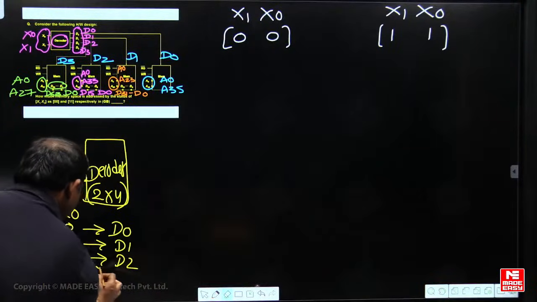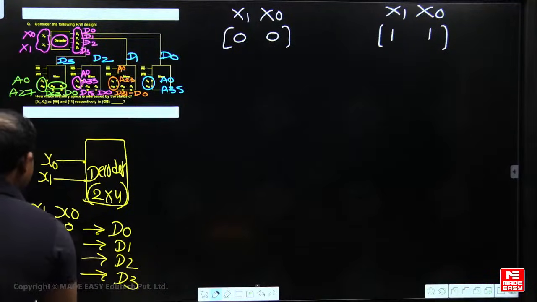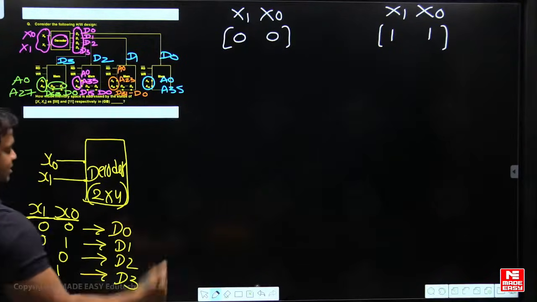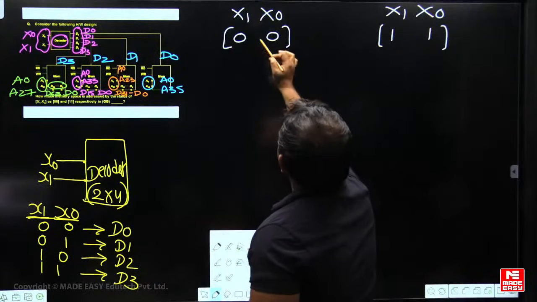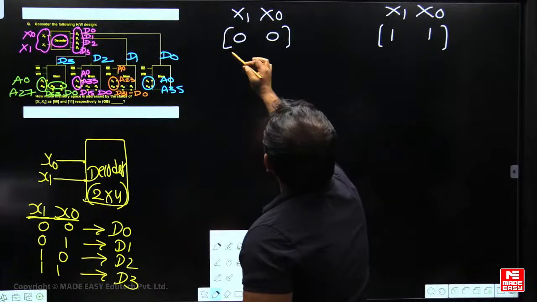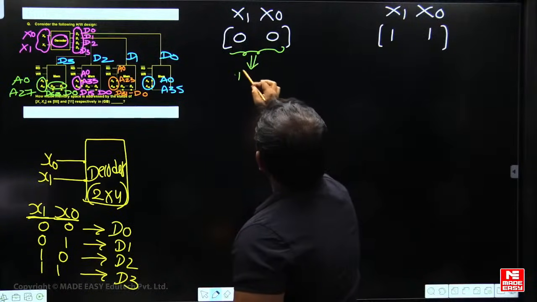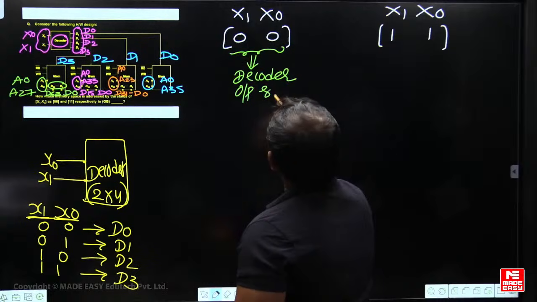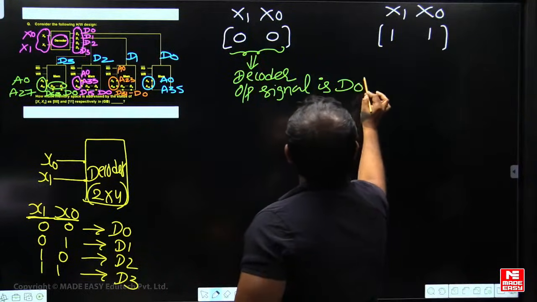According to the decoder input status, decoder output signals are present. So D0, X0, X1, accordingly these are the signals. Now you tell me, X0 is 0, X1 is 0. When 0, 0, the decoder output is what? Decoder output signal is D0.